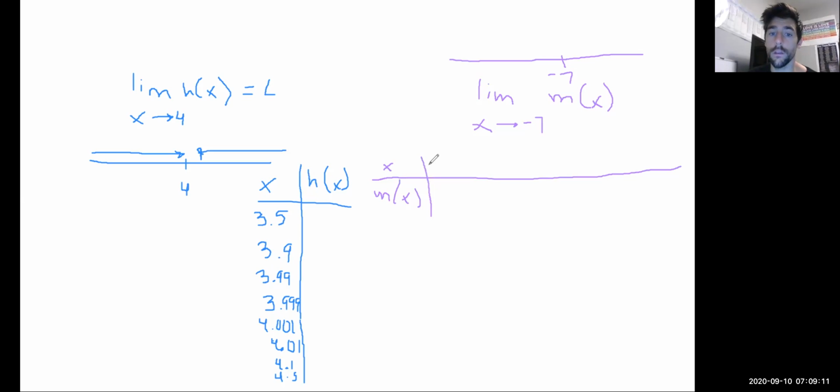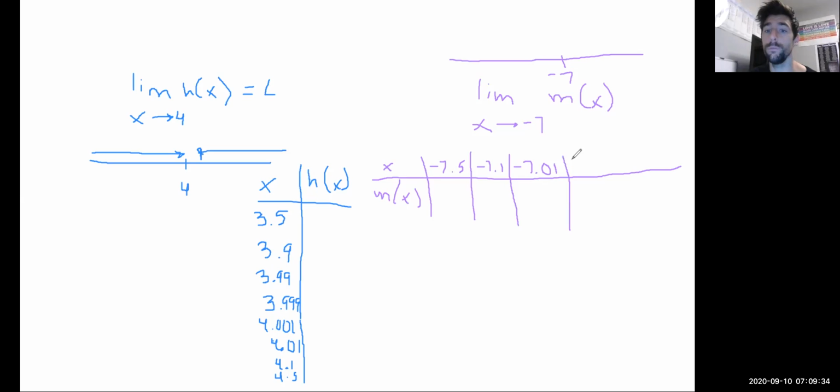I like to start with -7.5, a reminder that is smaller than -7, and then quickly go to -7.1. And then if I want to get closer to a number, but not get all the way there, I can add a 0 into the place value just to the right of the decimal. And then I would do -7.001 and so on and so forth.